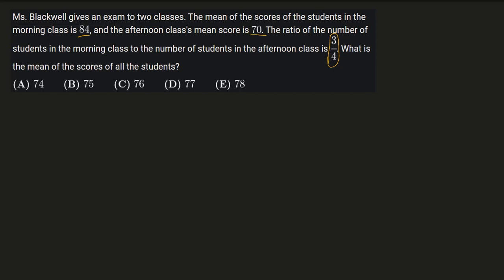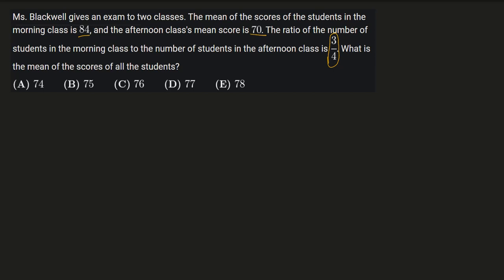Let's say there are 1 million students in the morning class, and the average score is 84, and there is only 1 student in the afternoon class, and the average is 70. Then you should understand that the average across both classes will be very close to 84, right?